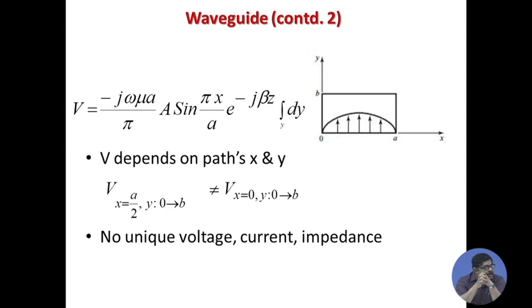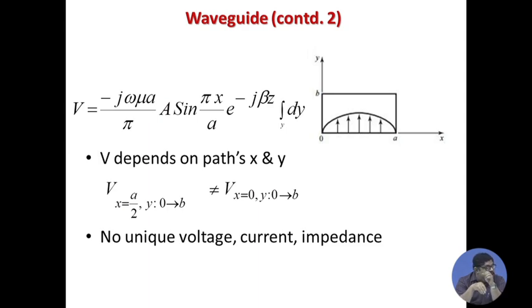Obviously, this V, the voltage, depends on which path we are taking to integrate, and also the values of x and y that we are traversing on the way. So, that is why we are saying, suppose we take the middle path, that is x is equal to a by 2.